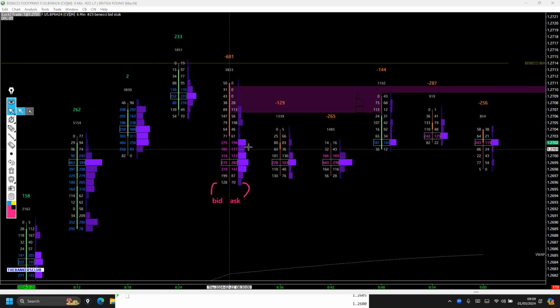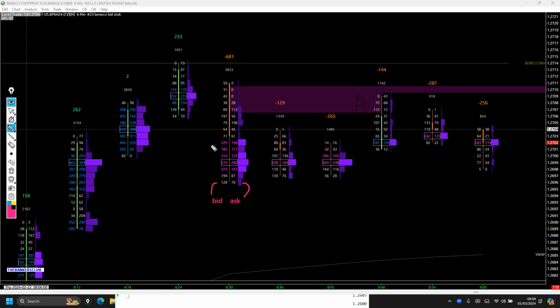And we also know that to be a buyer in the market, there's two ways you can buy the market. You can be an aggressive participant. By that, I mean market executions. So you're just going straight to market, hitting the buy button as such.